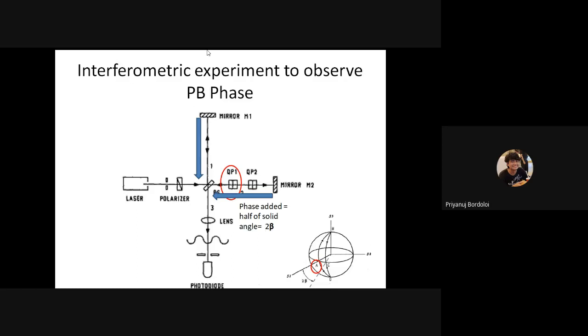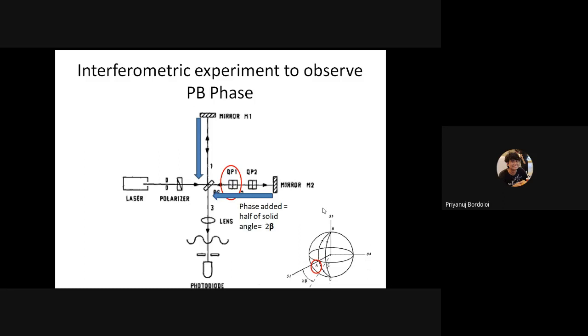But in the second one, there is a phase added, from what I mentioned before. The phase added will be half of the solid angle of the path that is traversed on the Poincare sphere, and here it is twice beta.